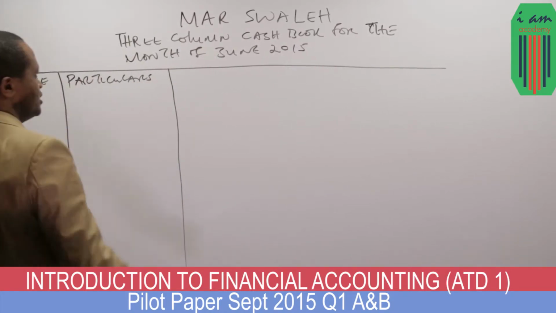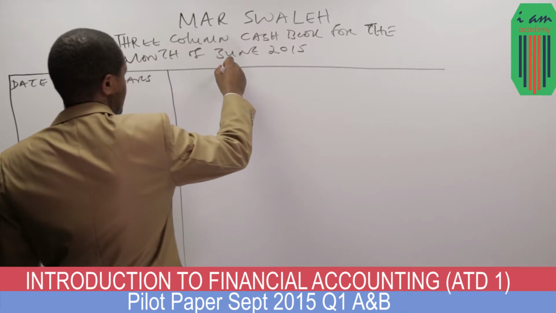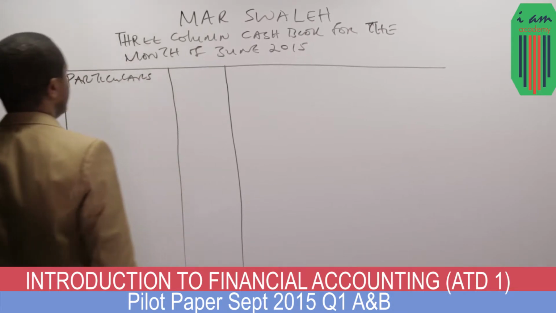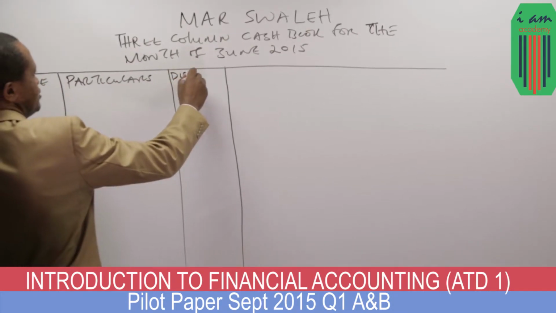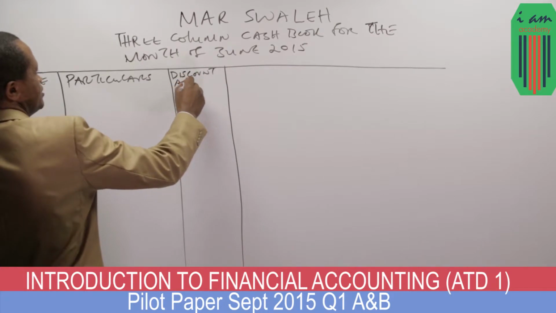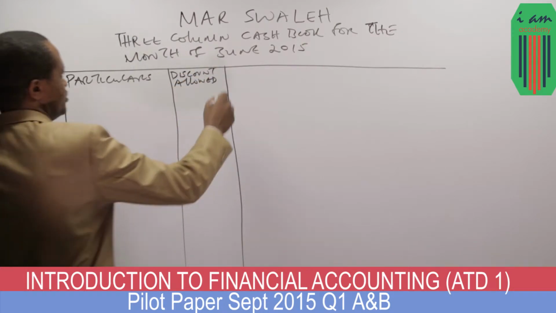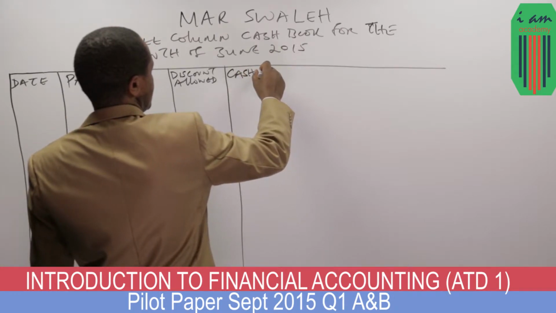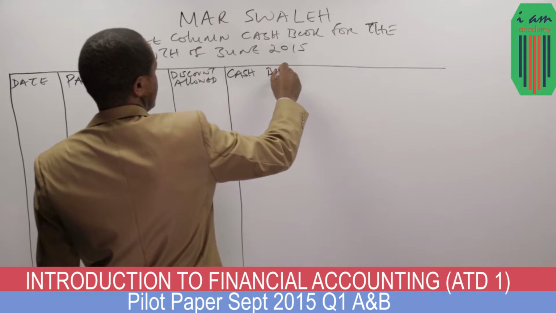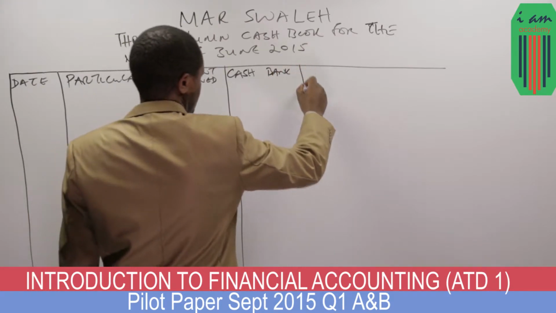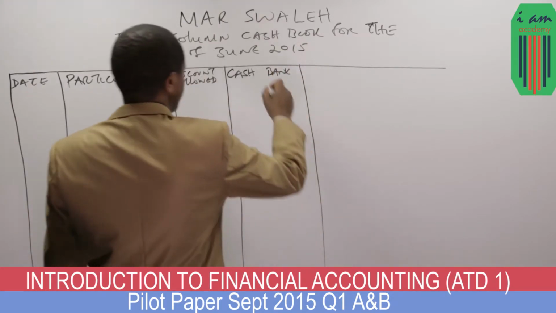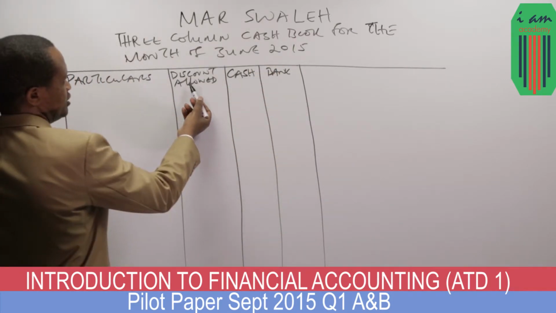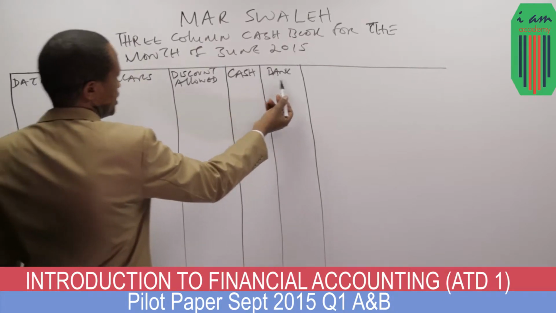Then we have a column for discount, and this one is discount allowed. We have a cash column and a bank column. So those are 3 columns for money: discount allowed, cash, and bank account.